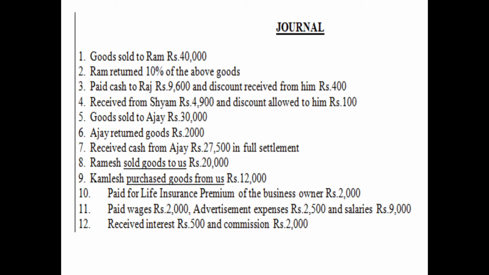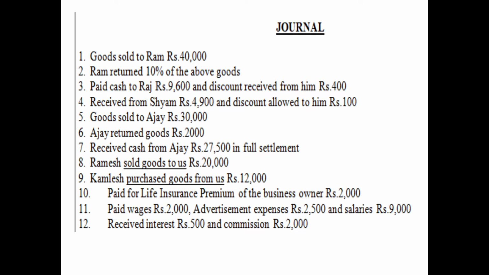Then third point, paid cash to Raj 9,600 and discount received from him 400. So Raj, being a personal account, is the receiver. Debit the receiver. So Raj will be debited. Then what are we paying? We are paying cash, that means cash is going out, so we will credit cash account 9,600.